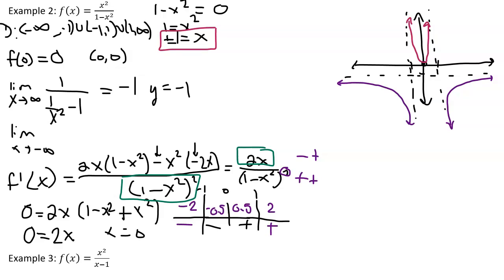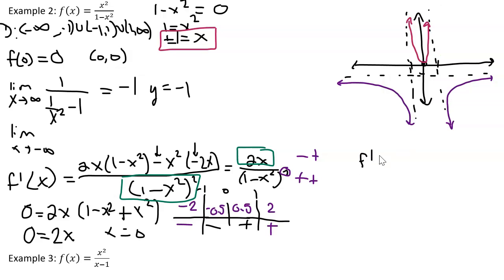This is an interesting problem to identify inflection points because you can see the function is concave down, concave up, and then concave down again. So where exactly is it changing inflection? We're going to take a derivative again.